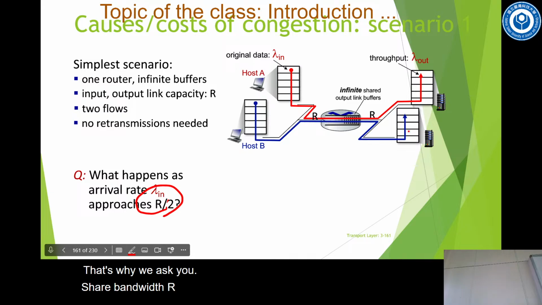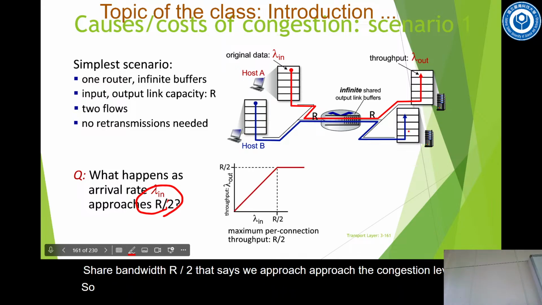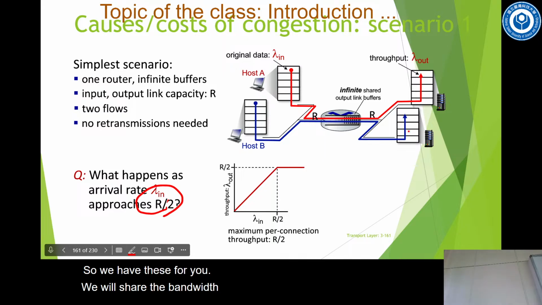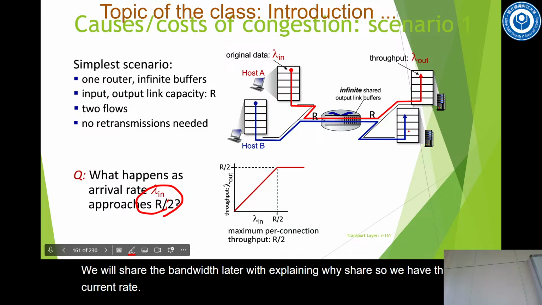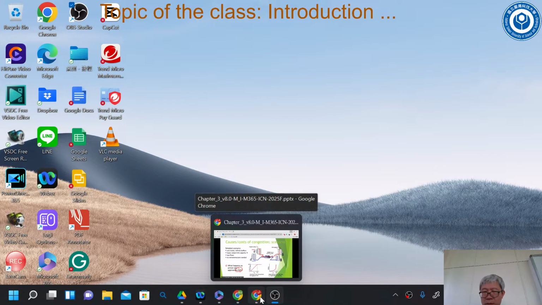That is, we approach the congestion level. We will explain later why they share. So we have the current rate of the connection, in to R over 2. Once we reach this one, something goes wrong. So currently it seems to be okay.